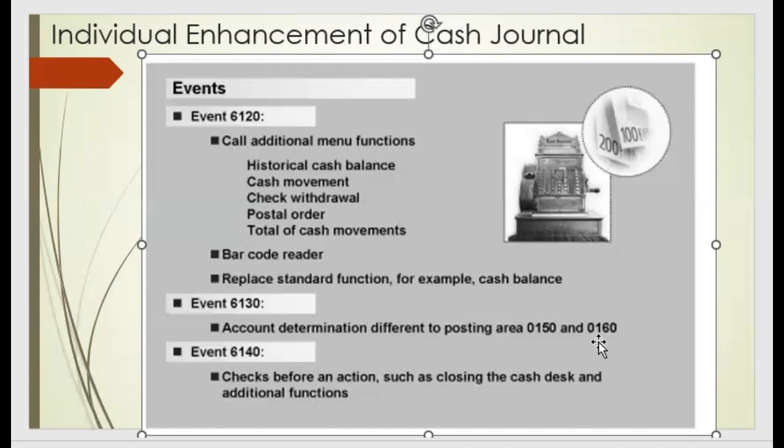Similarly, 6130 determines the posting areas and posts, because with the posting area we define the general ledger. Similarly, to close the cash desk, we call 6140.